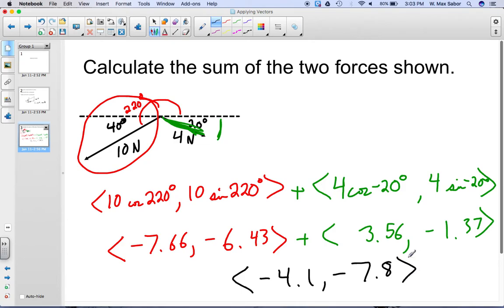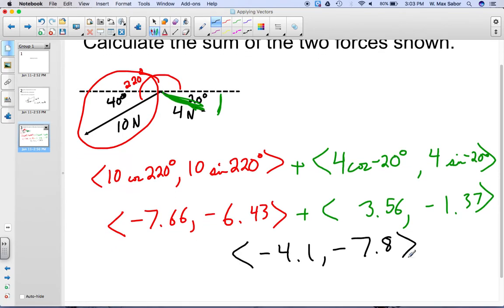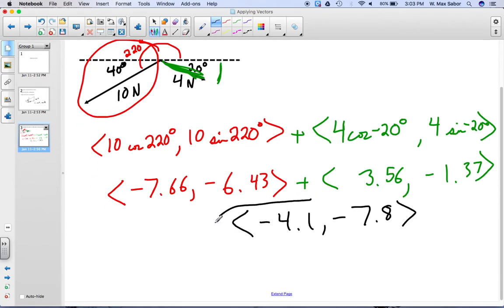That is the sum vector of the two forces shown. So if it was asking for the vector, this would be the vector.